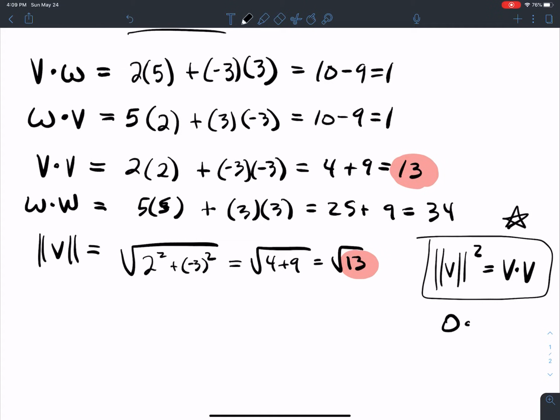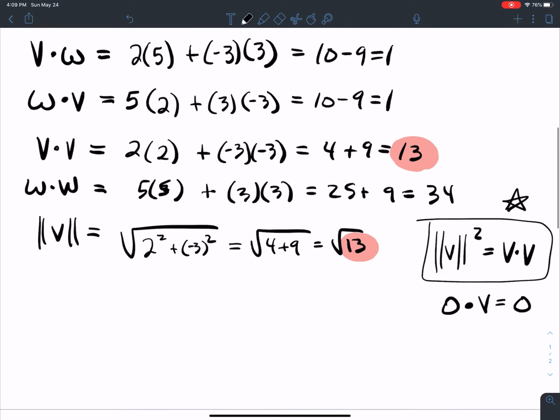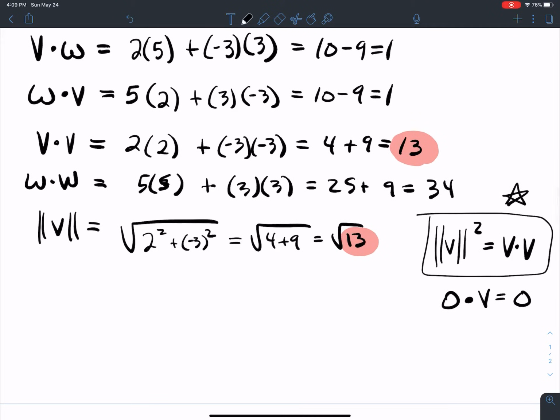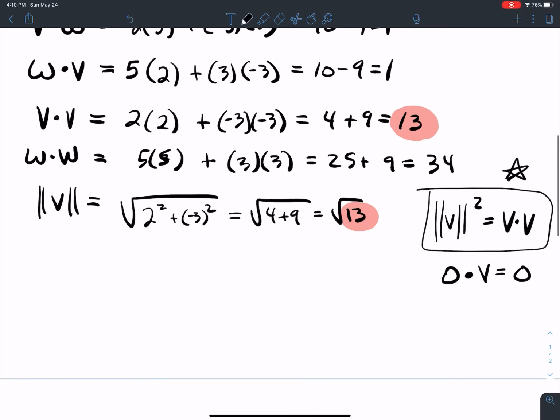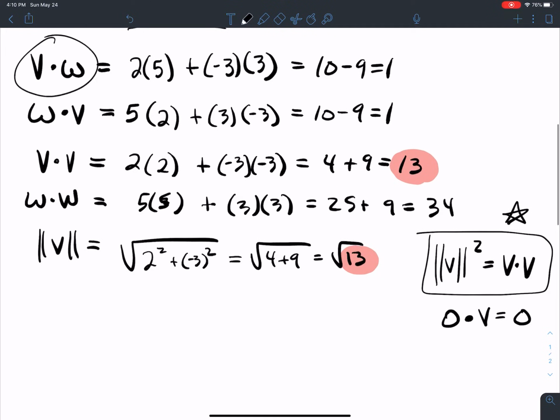Also, this is obvious, but the 0 vector dot v is equal to 0. If I multiply these two and these two, well, what do I get? I got the same thing for both of them. So what does that tell me?